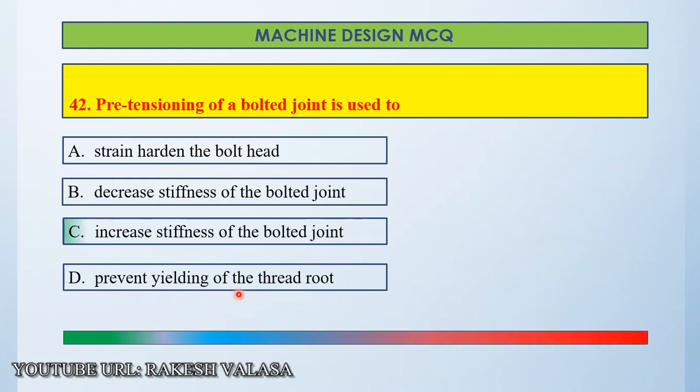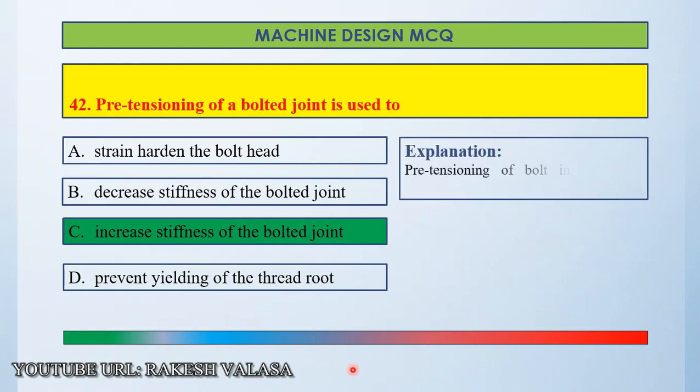The correct answer is option C increase stiffness of the bolted joint. Pre-tensioning of bolt increases the stiffness of bolted joint.